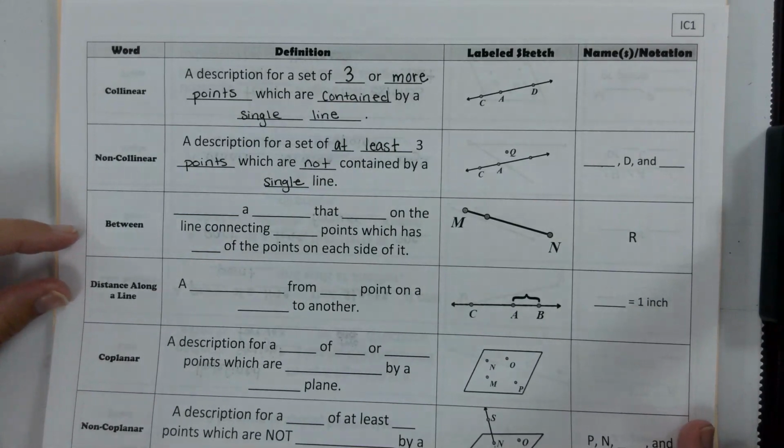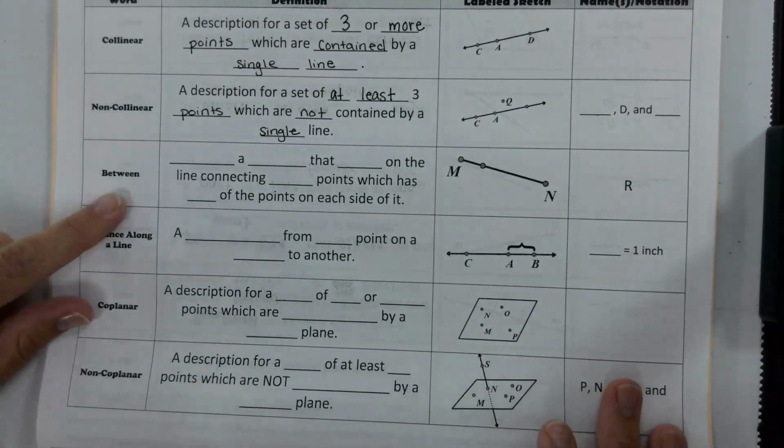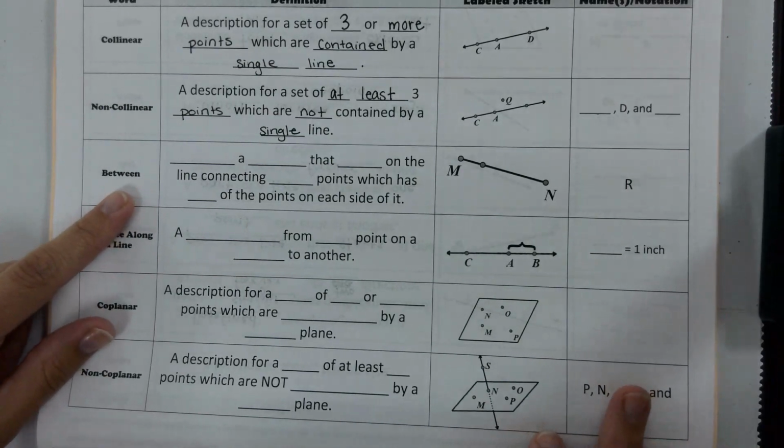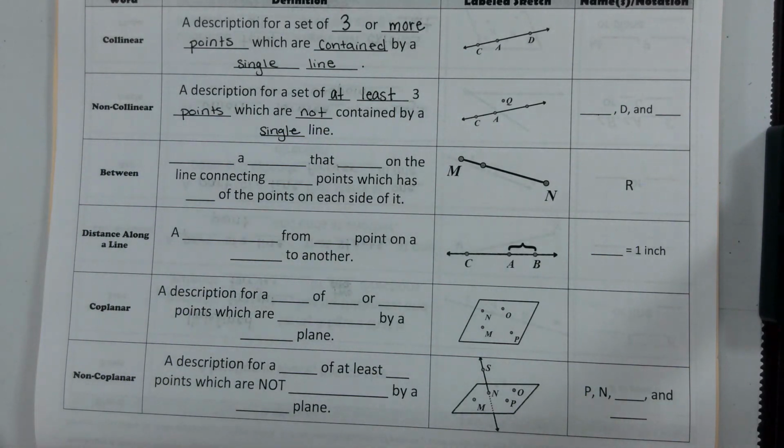But before we get to that, we have these two here in the middle, which are going to seem kind of strange, but we need to define them because we're going to say point Q is in between M and N, and we need you to know how to draw that and what that means exactly.